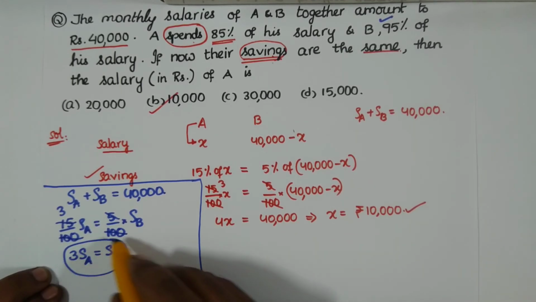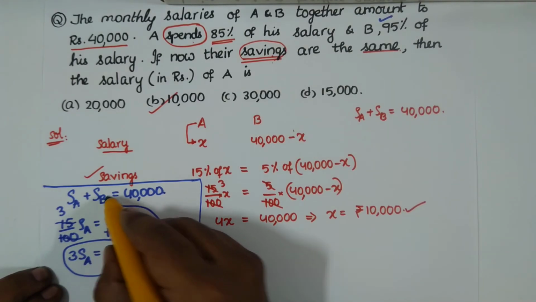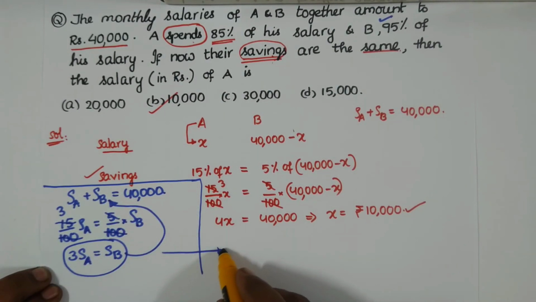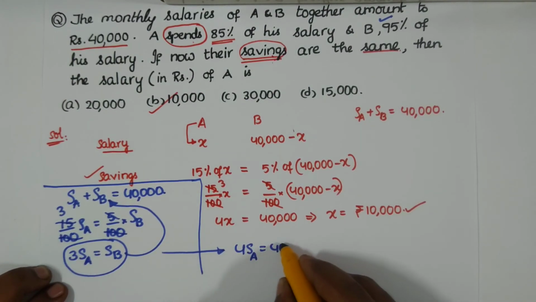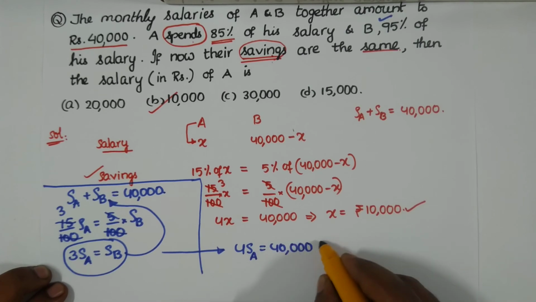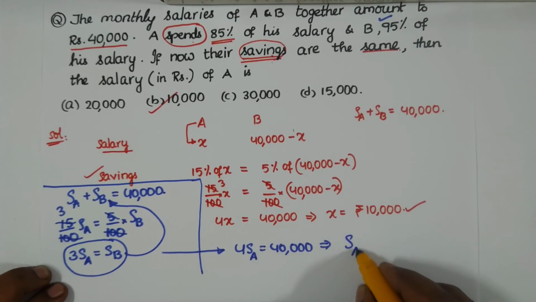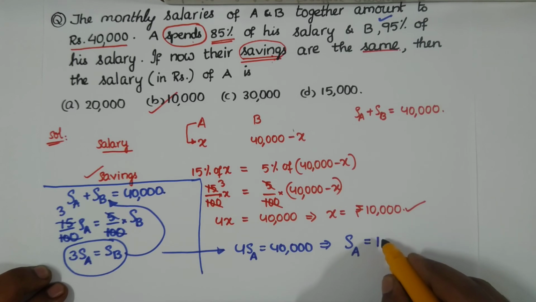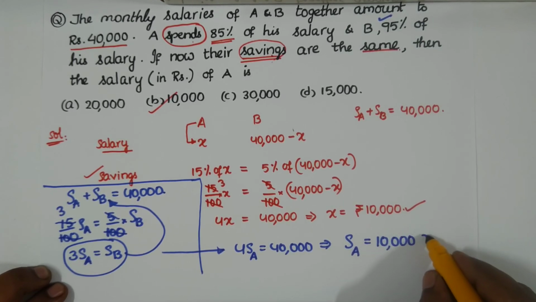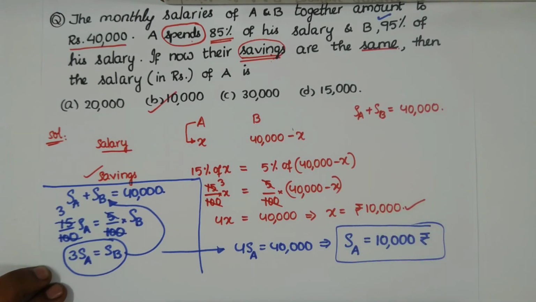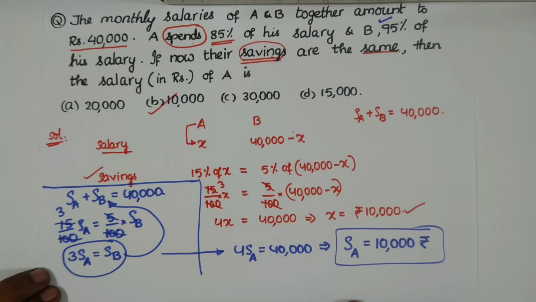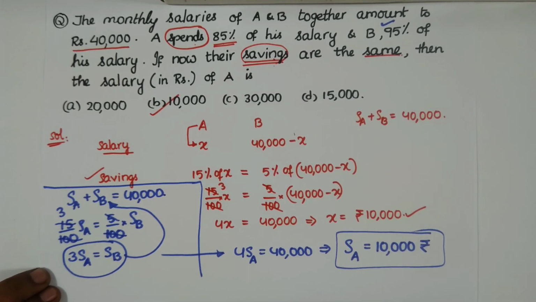Now you put this in the first equation. So SA plus 3 SA, that is 4 SA, equals 40,000. So therefore the salary of A is 10,000 rupees. That's it. Simple, basic and straightforward. Thank you.